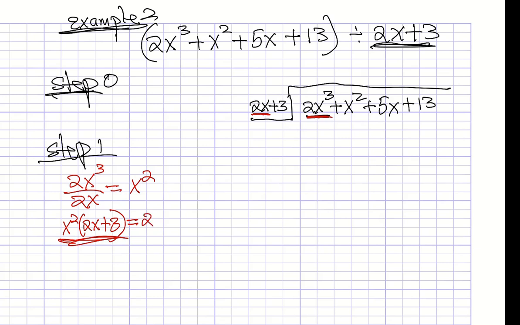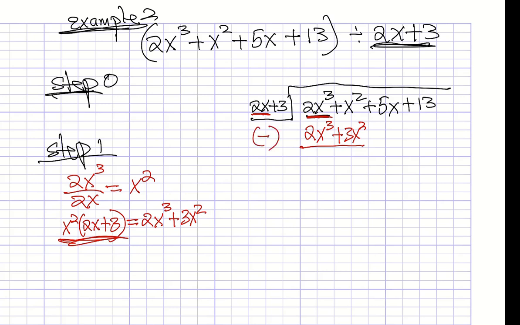You get 2x raised to the power 3 plus 3x raised to the power 2. We'll write it in here like this, and we'll put the subtraction sign.